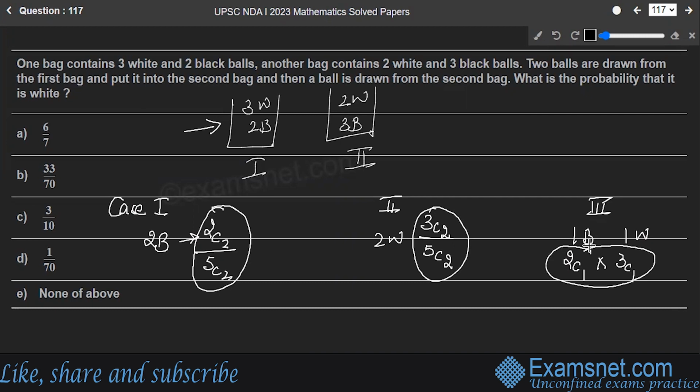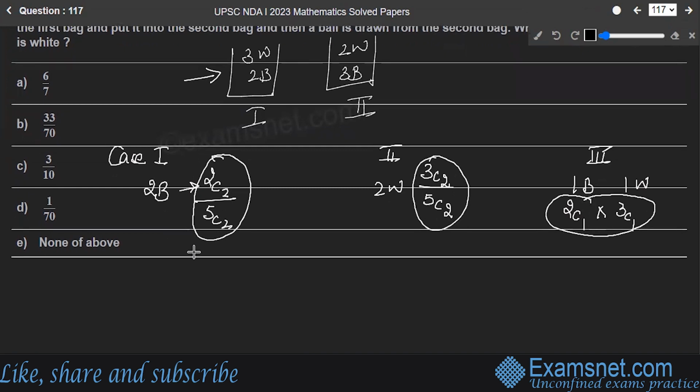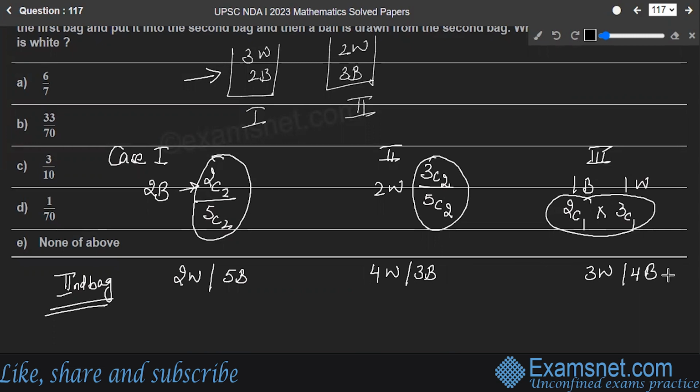Now, when two black balls are drawn from the first bag and put in the second bag, what will be the content of the second bag then? In this case, two white and five black balls, four white and three black balls, three white and four black balls.